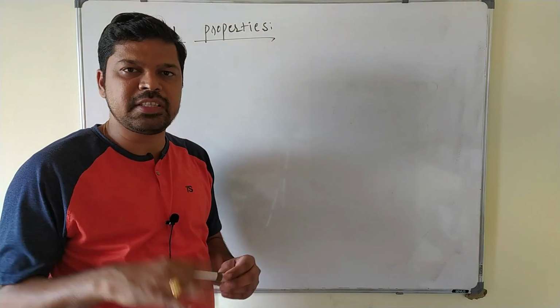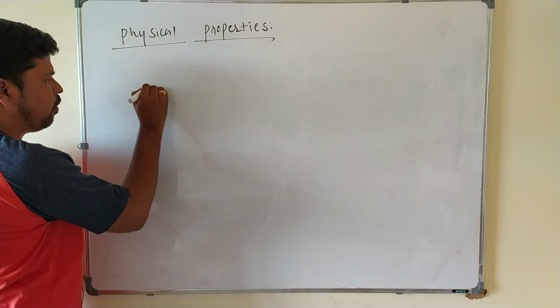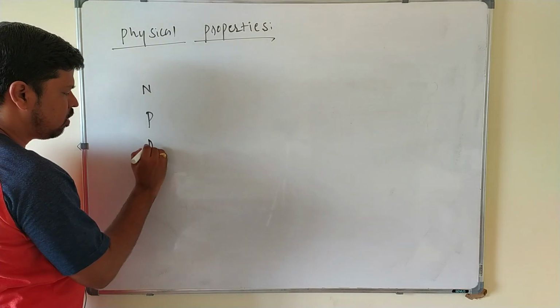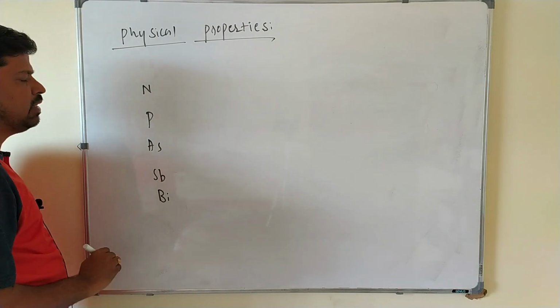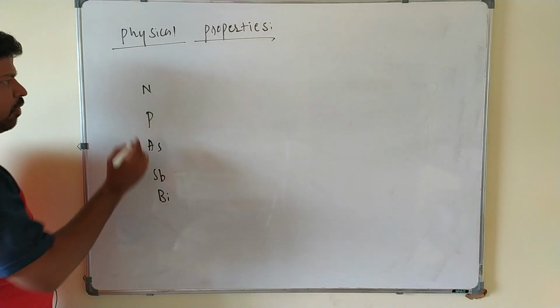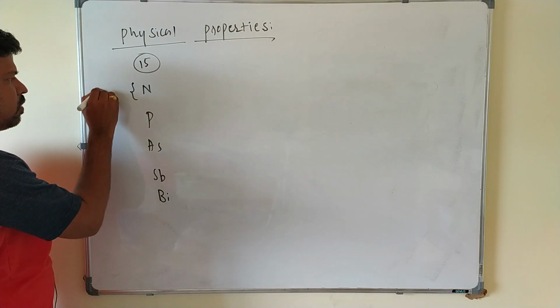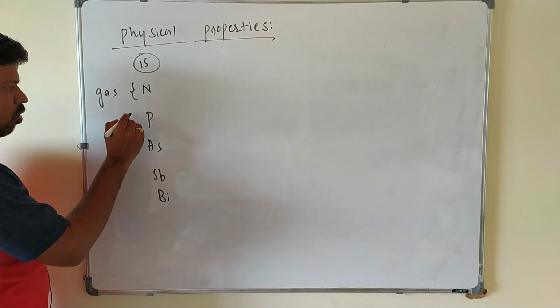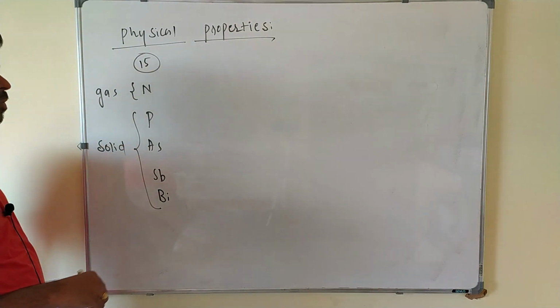Now we will discuss the physical properties of group 15 elements. Nitrogen, phosphorus, arsenic, antimony and bismuth here. Now in this group 15, only nitrogen is available in the gaseous form and the remaining 4 elements are available in the solid form.